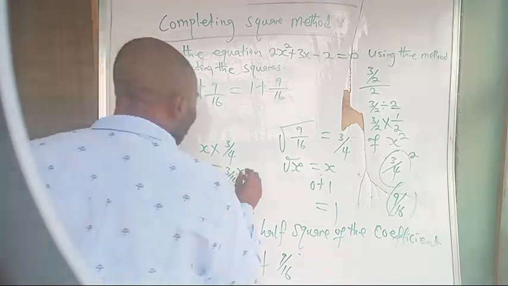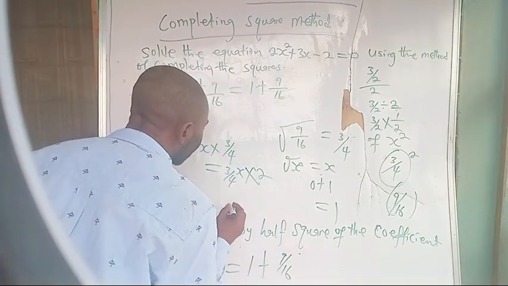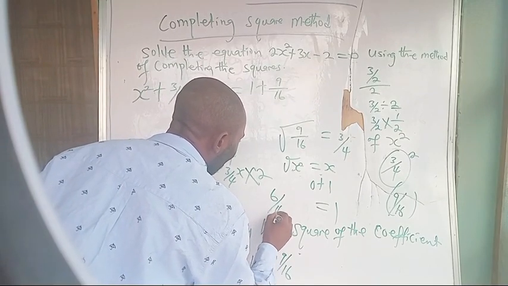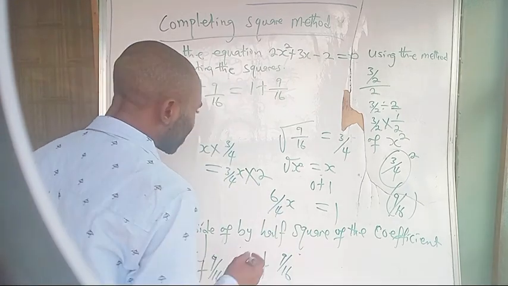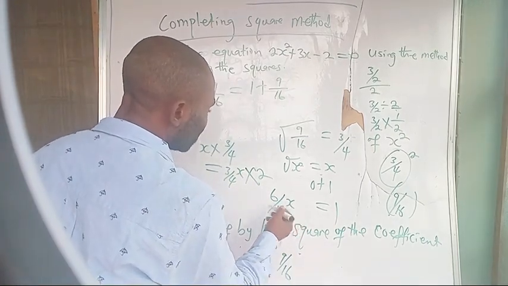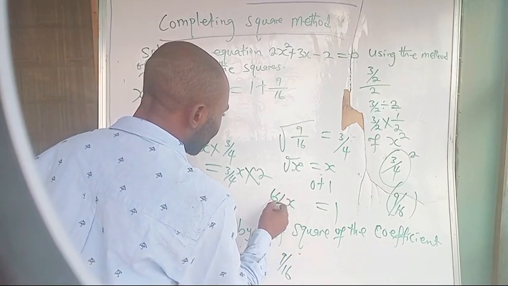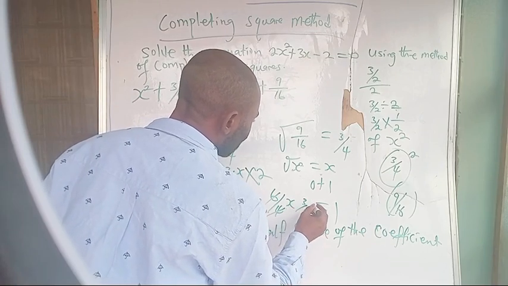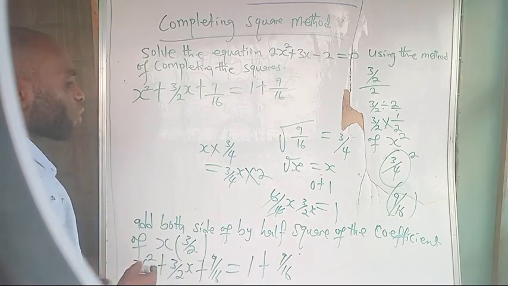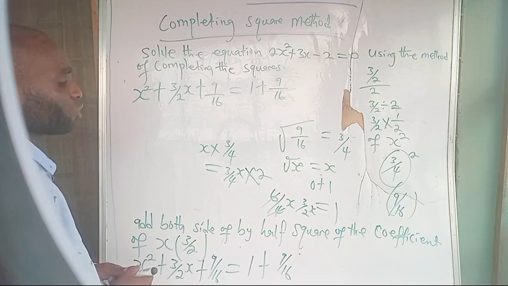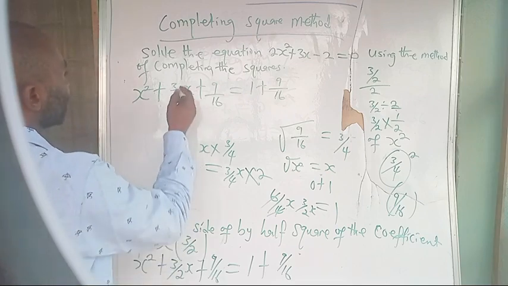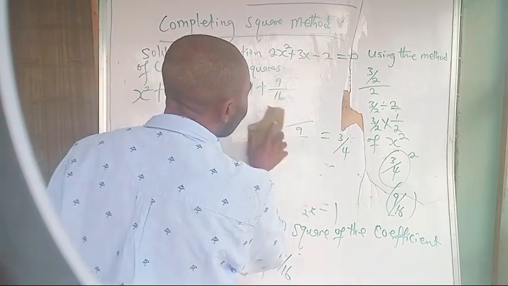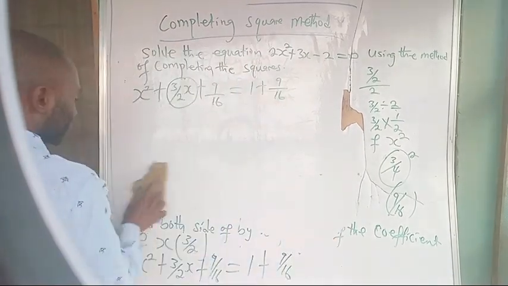So now when we multiply this by 2, this is the same thing as 6 all over 4x, and when we look for the LCM, this simplifies to 3 all over 2x. So this gives us the middle term, which means that this is a perfect square equation.